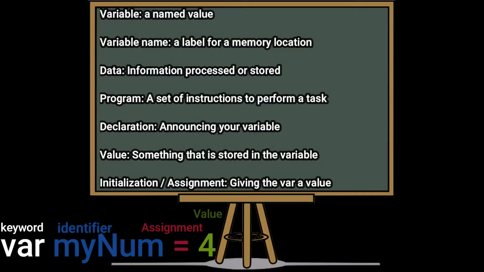A program is your set of instructions that perform a task, like playing a game or processing a Word document. Declaration is announcing your variable. Usually we do this at the start of a program. The value is the something that is stored in the variable, and initialization or assignment is where you give the variable a value. Let's have a look at this in more detail.